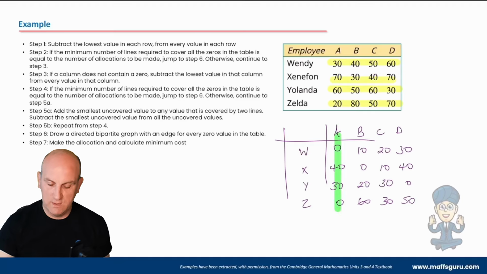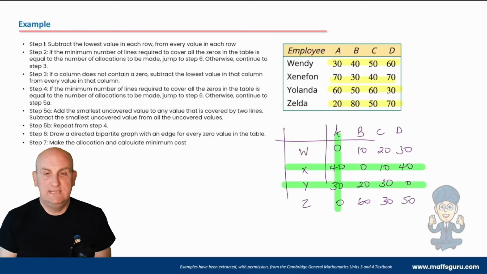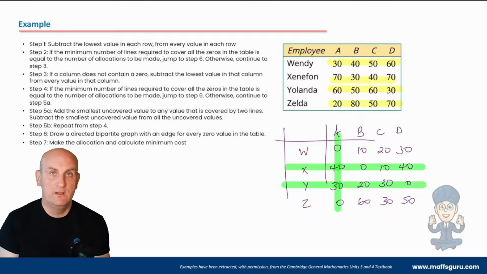There is going to be 1 line. Here is going to be another, and there is going to be another. So as you can see now, I've covered all of my zeros. The least number of lines I've used is in fact 3, and as such, oh shucks, I now have to continue to the next section of my algorithm. Why? Because only when I have 4 lines can I stop the algorithm.